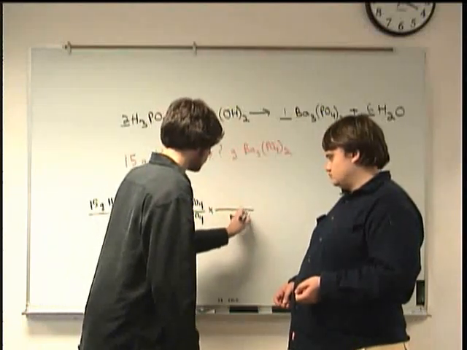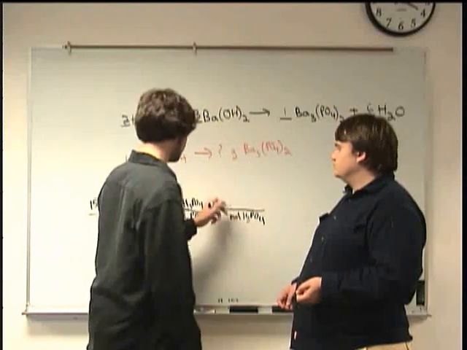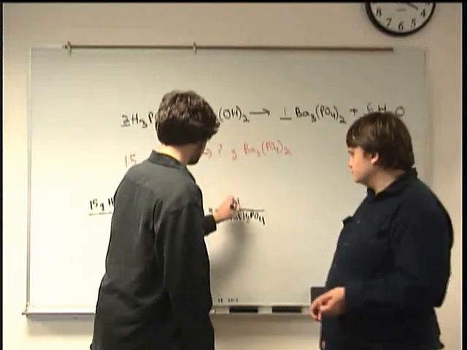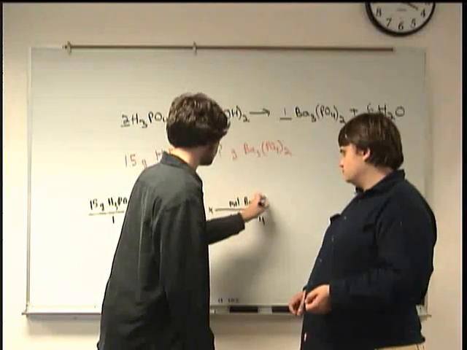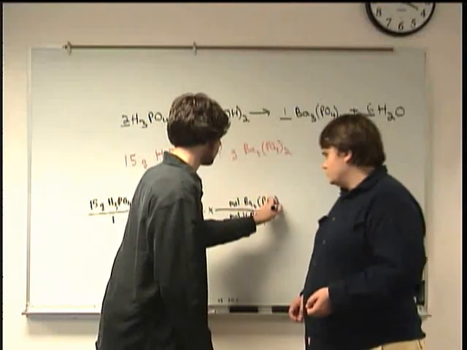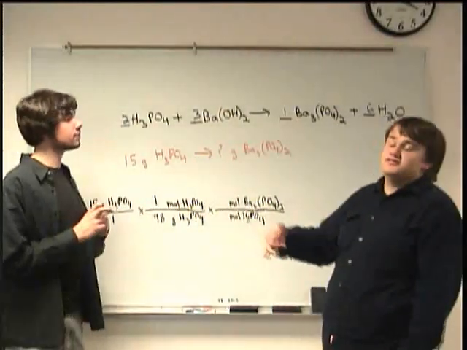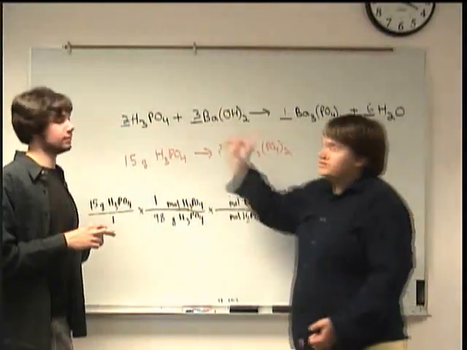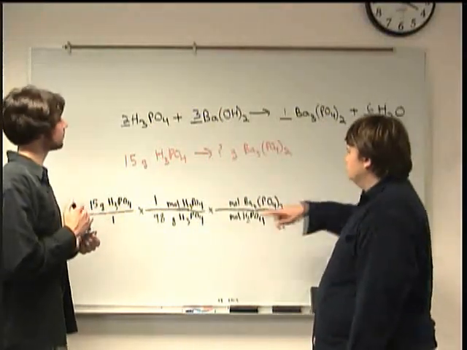So moles of phosphoric acid here, and moles of the barium phosphate up there. So what are you going to do about the numbers? If I remember correctly, you look at the coefficients in the equation. Essentially, that's it.